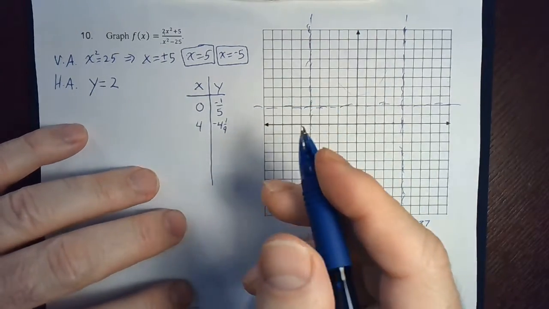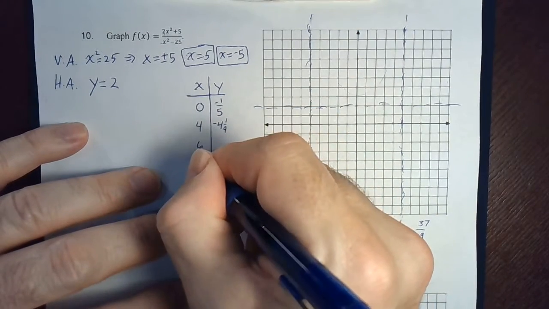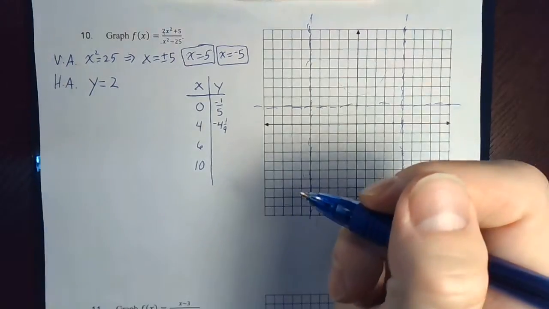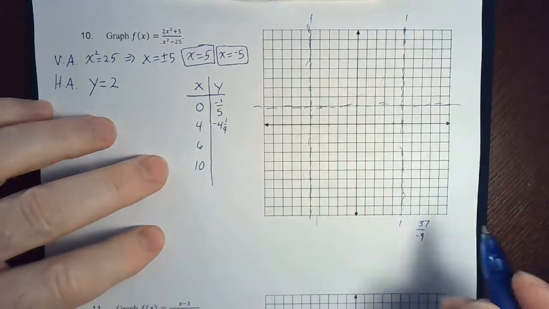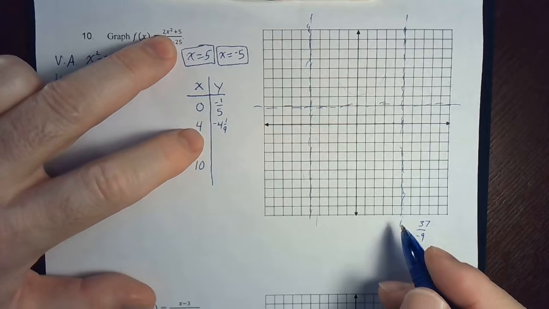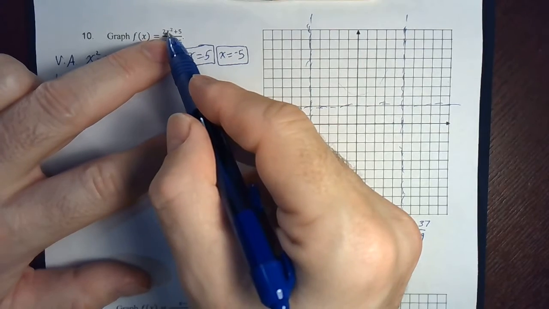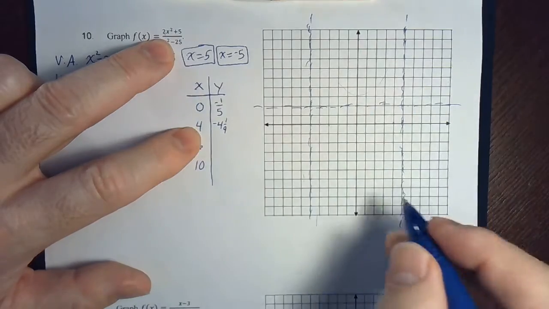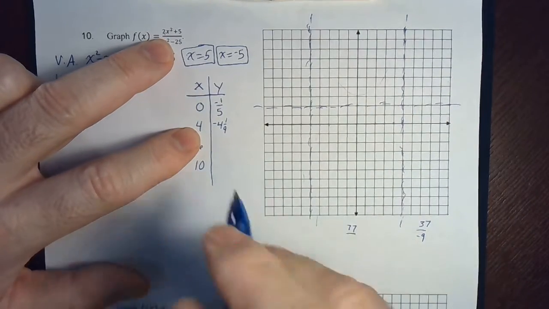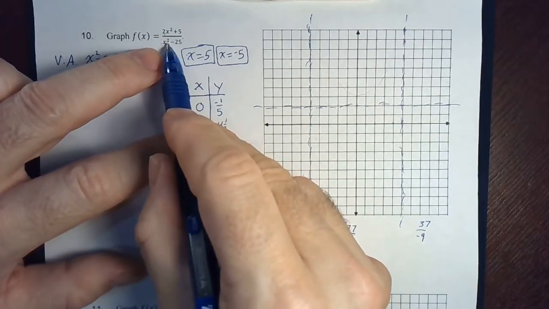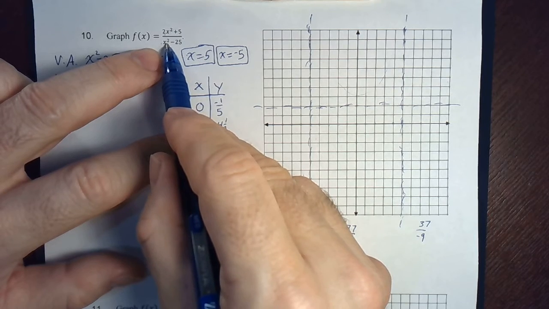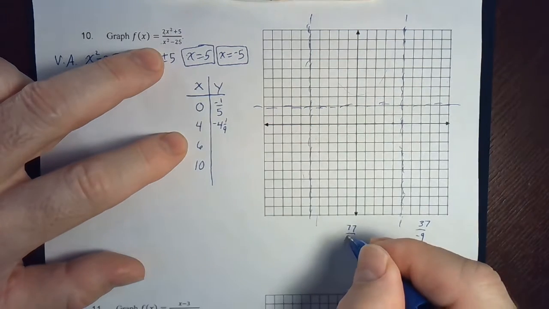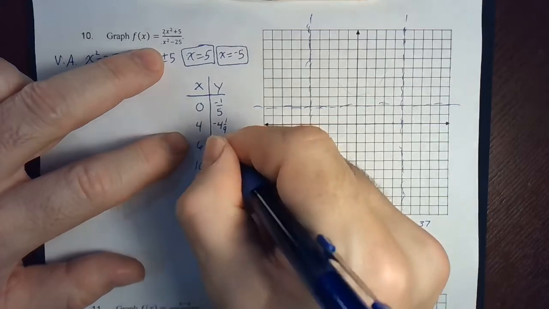Okay, let's do maybe 6 and then maybe 10. When we plug in a 6, upstairs I'm going to get 36, because that's x squared, times 2 is 72, plus 5 is 77. And 6 on the bottom gives me x squared, 36 minus 25, which is 11. And that's equal to 7.